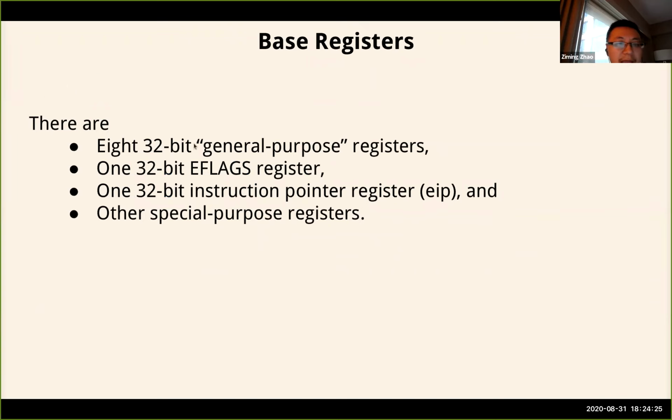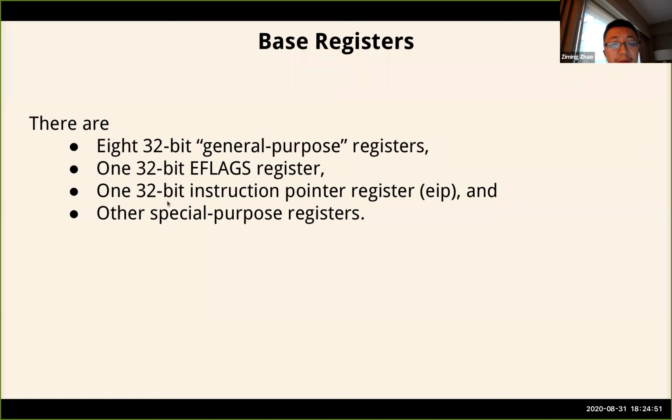First of all, there are 8 general purpose registers. There is one 32-bit flag register. You can imagine that in the very early versions of Intel CPUs, it was just called FLAGS. There is no E, so those are 16 bits. Then they extended it to 32 bits. That's why there is an E. E means extended, so extended flags.